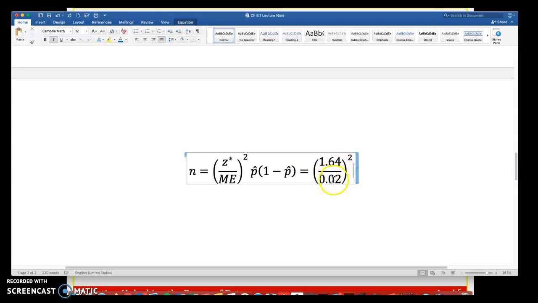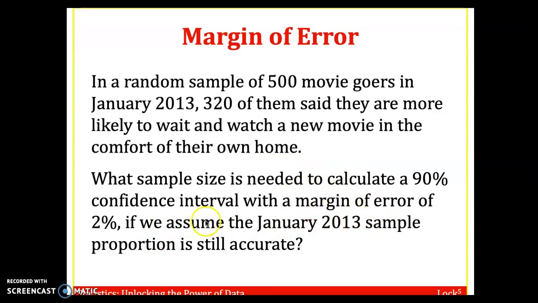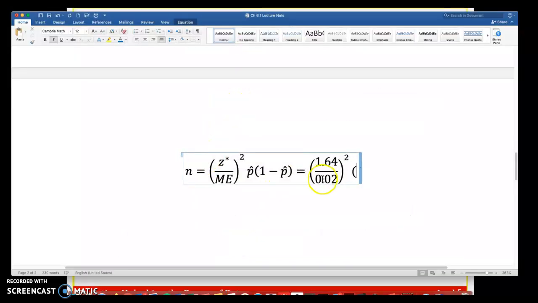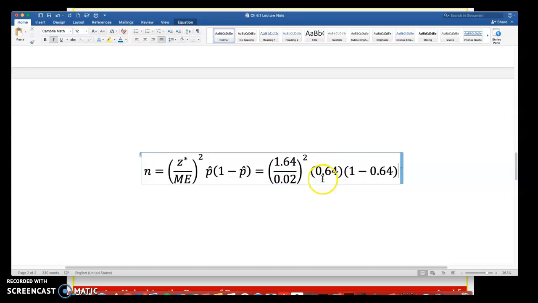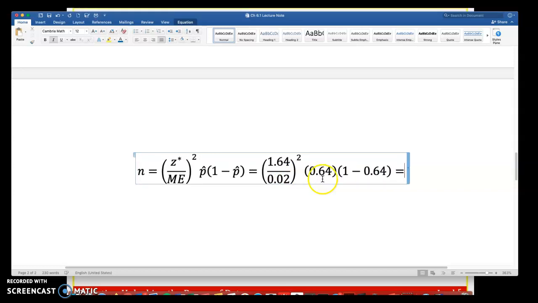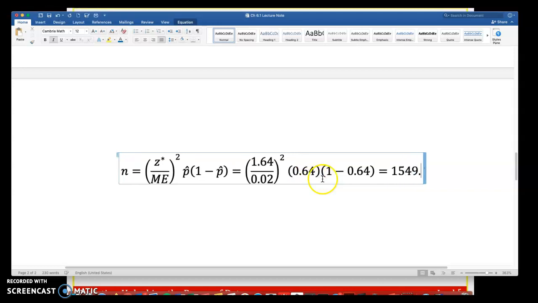And if we're assuming the sample proportion is still accurate, instead of 0.5, I'm going to put 0.64 times 1 minus 0.64. If I throw that in my calculator, 1.64 over 0.02, squared, times 0.64 times 1 minus 0.64, I get 1549.2.